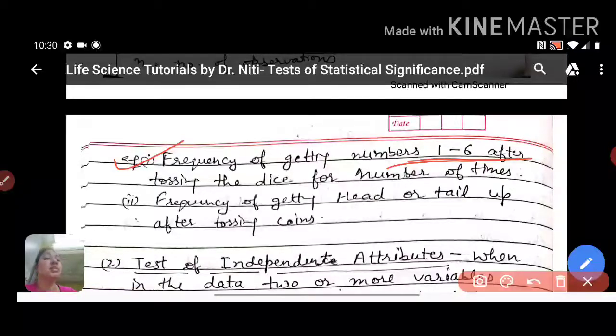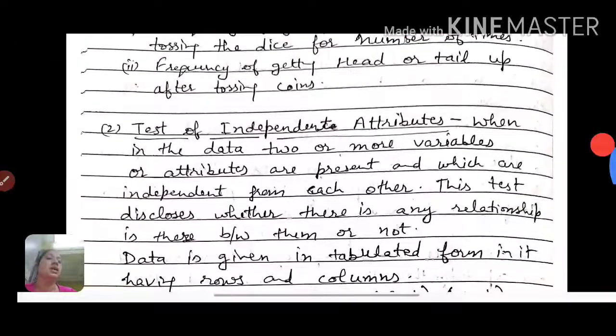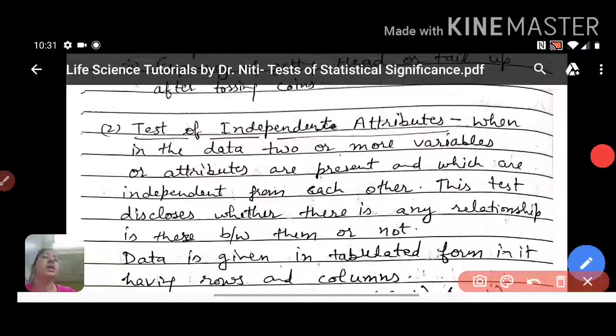Similarly, when you toss a coin, you will either get head or tail. Suppose you have tossed a coin 4 times, and you have noted down the frequencies of getting head and tail. Expected frequencies you can also determine, and the difference between these two frequencies can be determined by using the chi-square test.